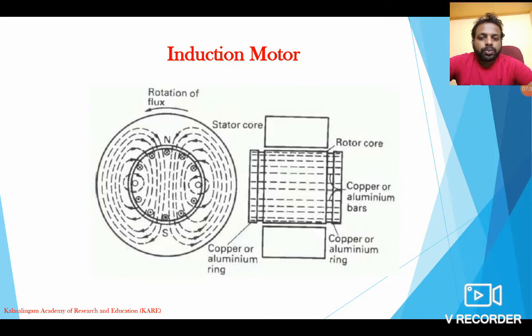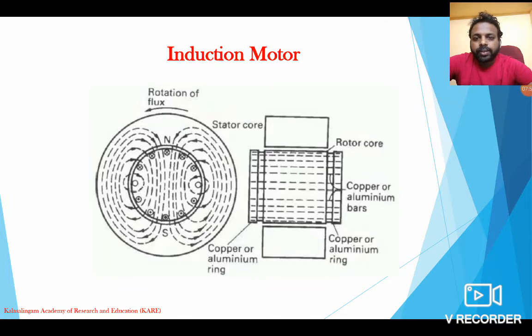This induction motor has some advantages as well as drawbacks. One of the most important drawbacks is that the induction motor has lesser or minimum starting torque when compared to the synchronous motor.